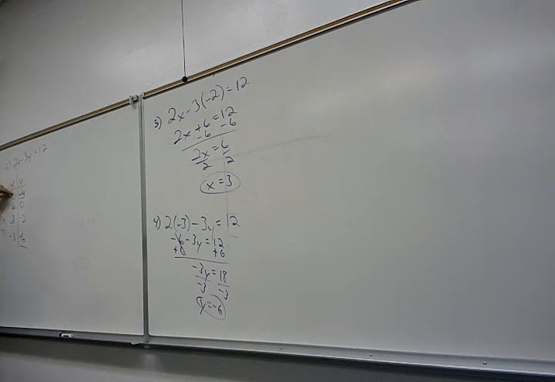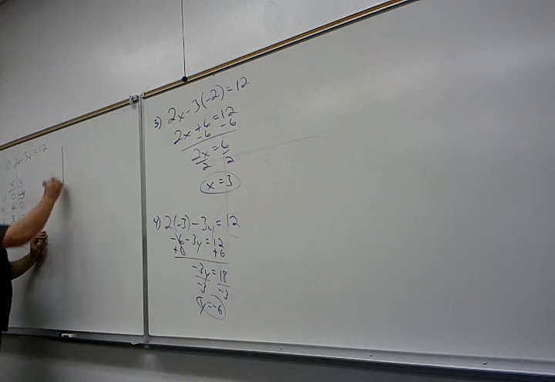Notice you always have to pay attention to how far you've got to go on your axes so you make your graph big enough. I've got to go 6 on the x and negative 6 on the y, so I've got to have it big enough to fit.